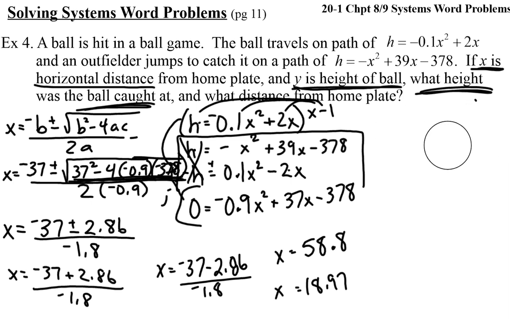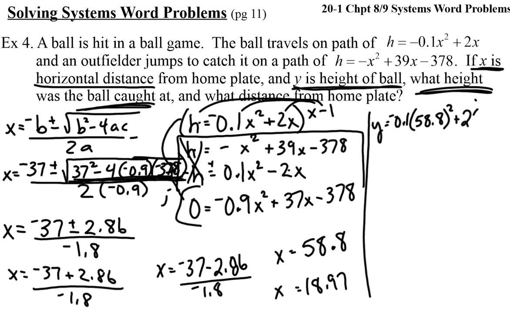I write and scribble too much. When we solve for that, I'll be honest, it's a negative. We know we can't have a negative height, so that's just extraneous.